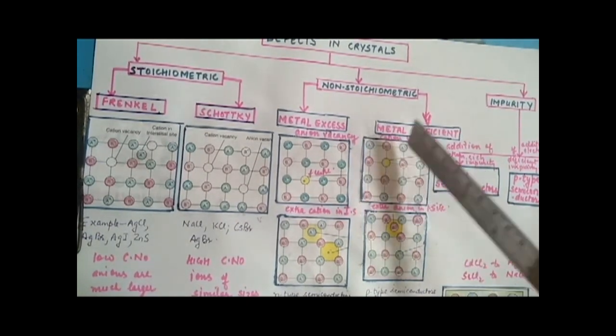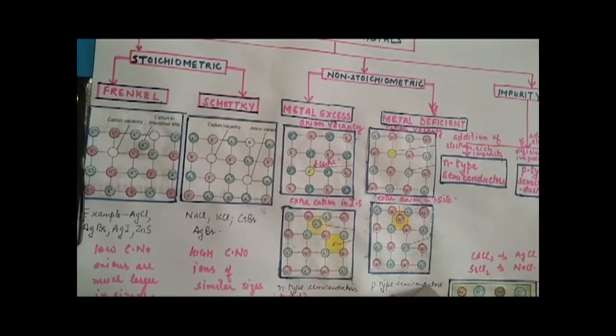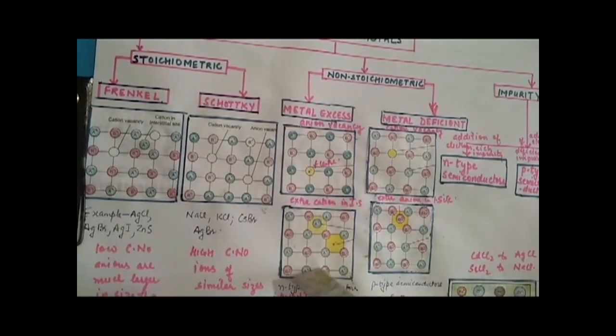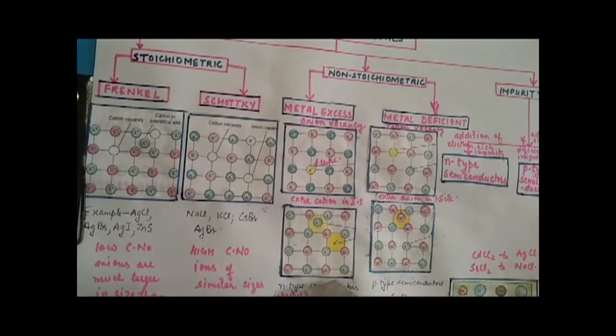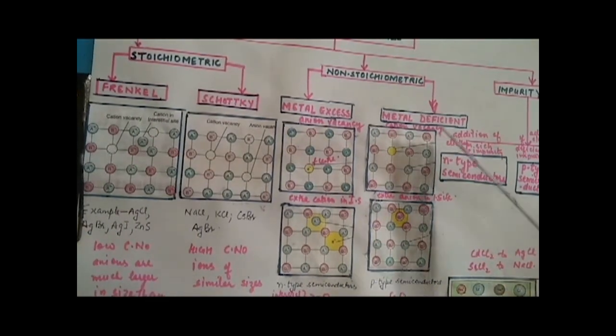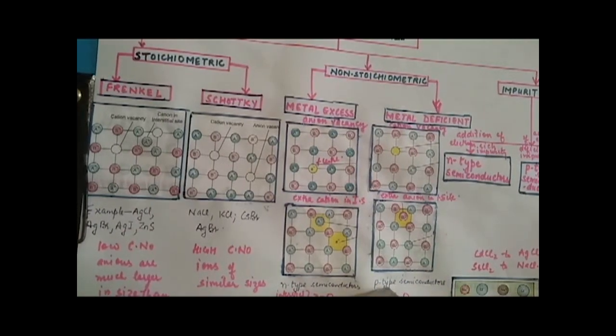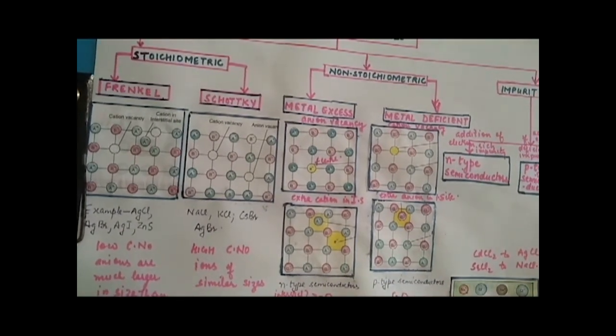Like a hole is created here and a cation from a neighboring site may leave its place and occupy this hole. As a result, another hole is created here. So here the movement is because of positively charged holes. So this kind of conductivity is called P-type semiconductor. So metal excess defect compounds show N-type semiconductor behavior, and metal deficient defect compounds show P-type semiconductor behavior.